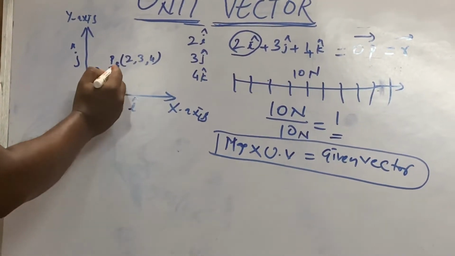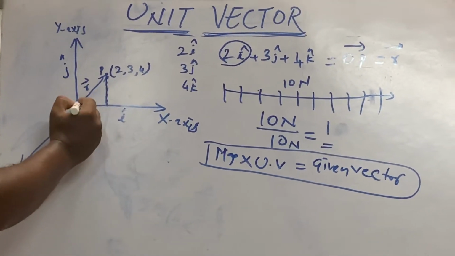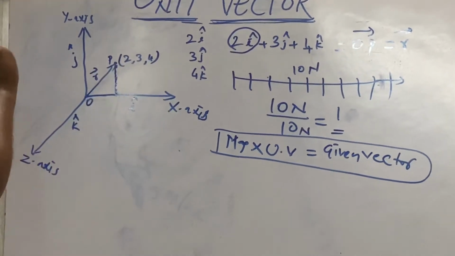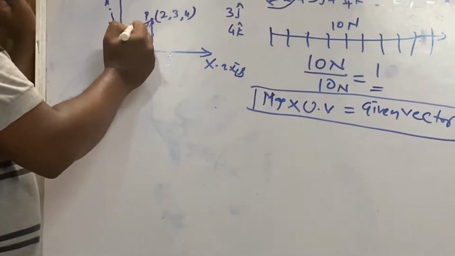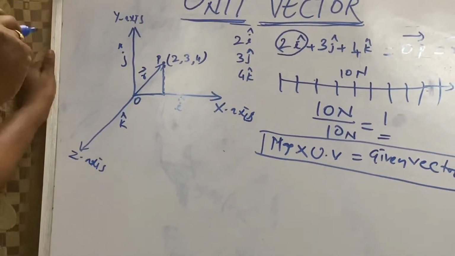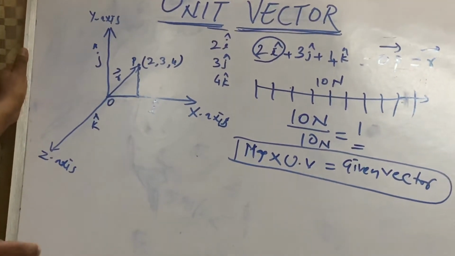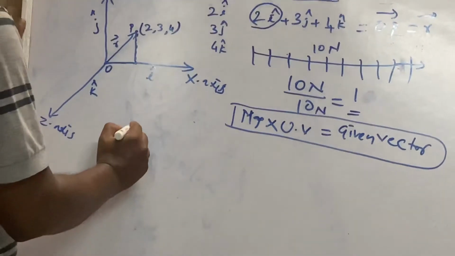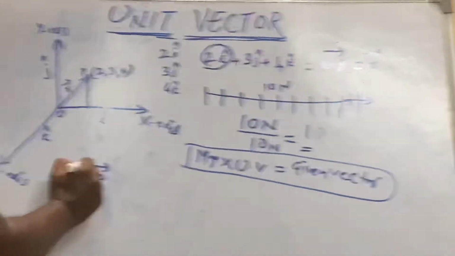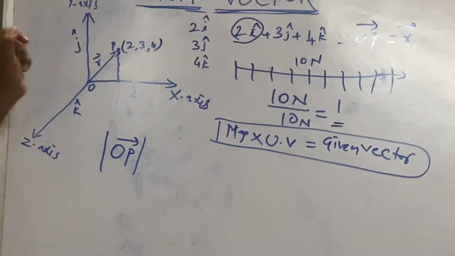So 2 square plus 3 square plus 4 square gives the magnitude of the given vector r.